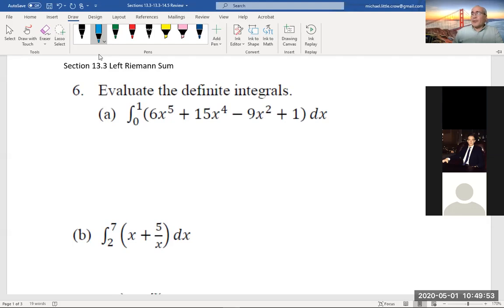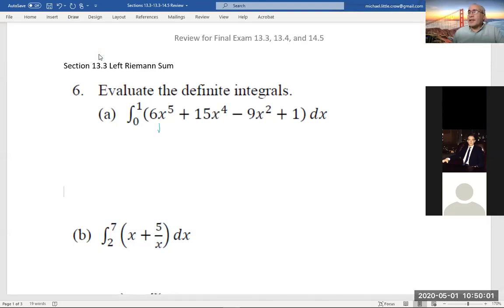And I'll go through and do the actual integration. Okay, we're all good. So each of these will integrate. So again, we're adding 1 to the exponent, so it becomes x to the 6 divided by 6. So this 6 comes down, plus 15, it's going to be x to the 5th divided by 5, again, add 1 to the exponent, divide by the exponent.